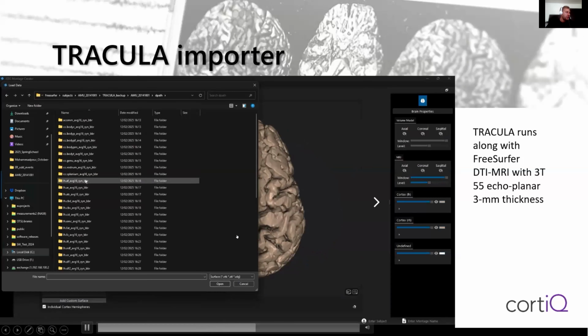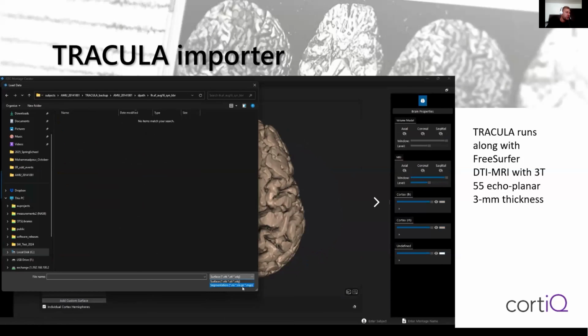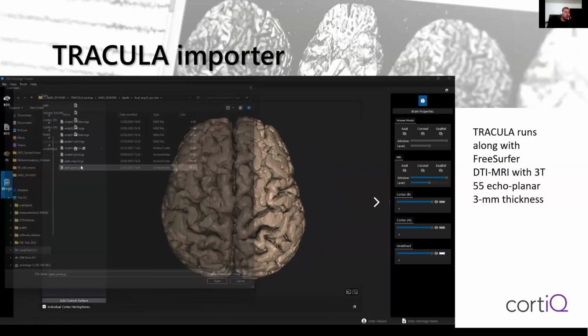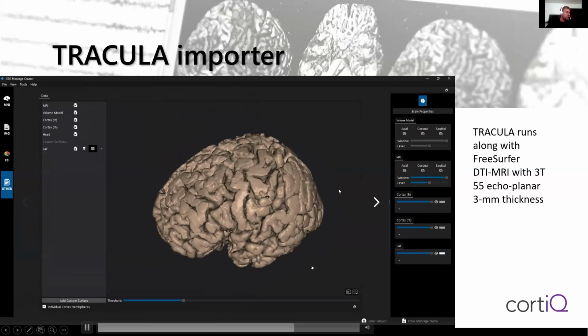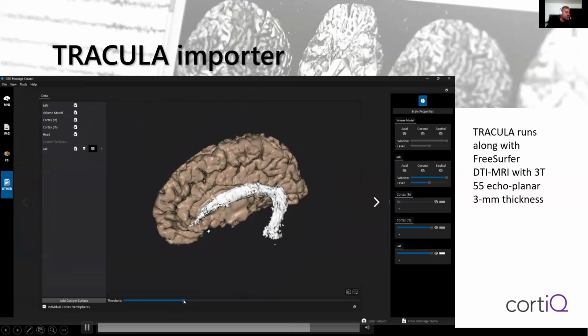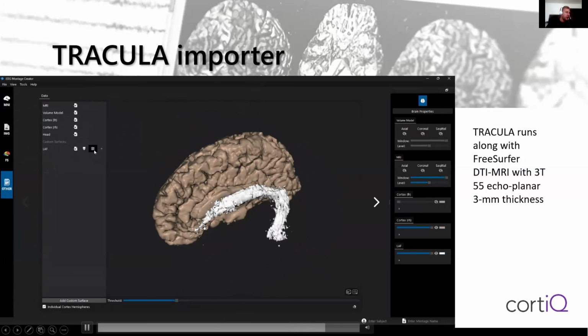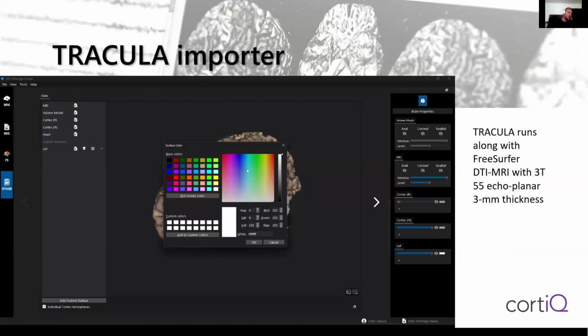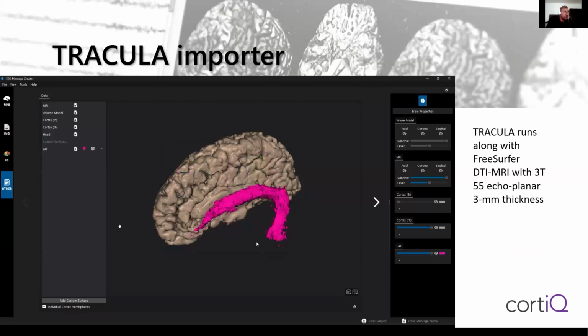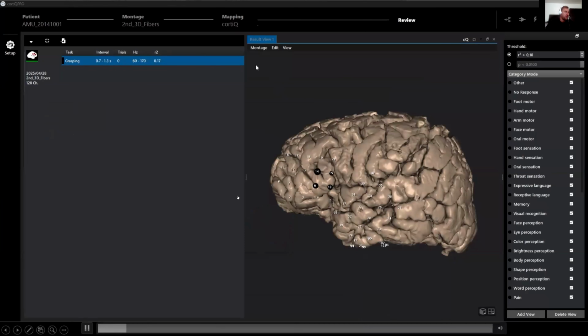For each main fiber tract, the output of Dracula performs a probabilistic tractography that is utilizing the anatomical landmarks from the FreeSurfer reconstruction. Here we can add the main fiber paths, so you will get 42 main fiber pathways that you can then use as individual layers and stack to show together with the mapping information.